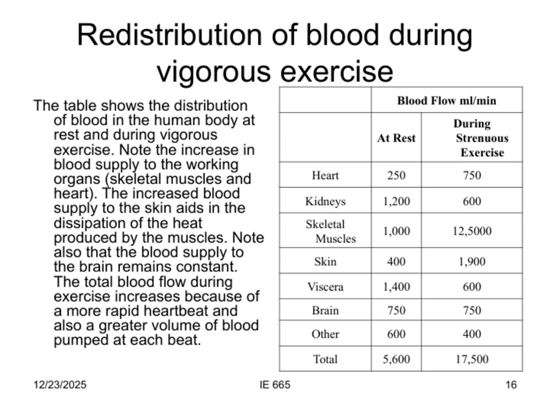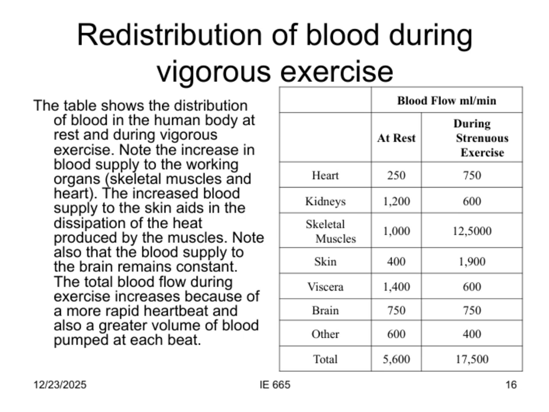Similarly, the heart's blood supply increases significantly, from 250 to 750 ml per minute, supporting the increased workload. Interestingly, the blood flow to the skin also increases, from 400 to 1,900 ml per minute. This is essential because it helps dissipate the heat generated by those working muscles, preventing overheating.